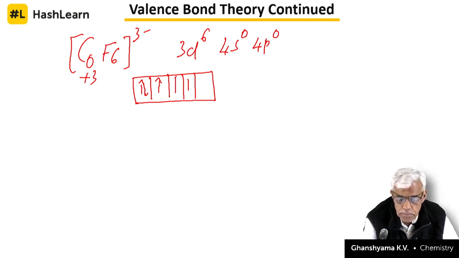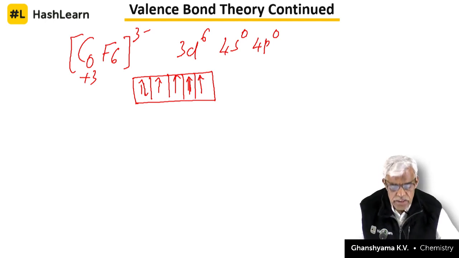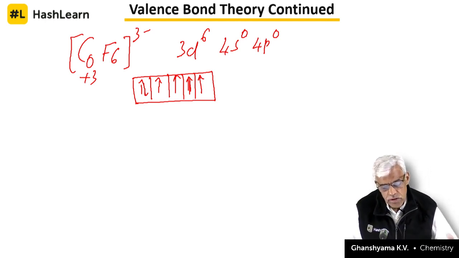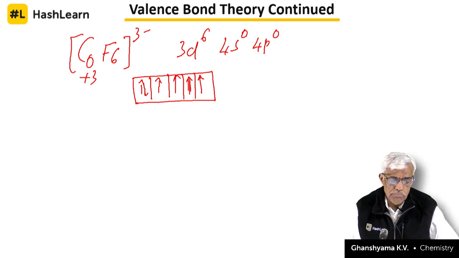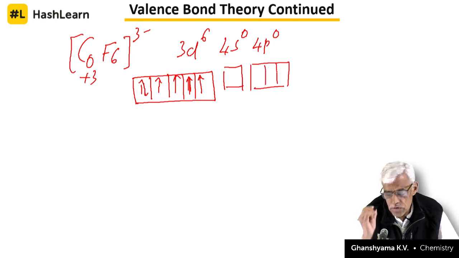So there is 1 paired electron and 4 unpaired electrons. You have 4s and 4p vacant.